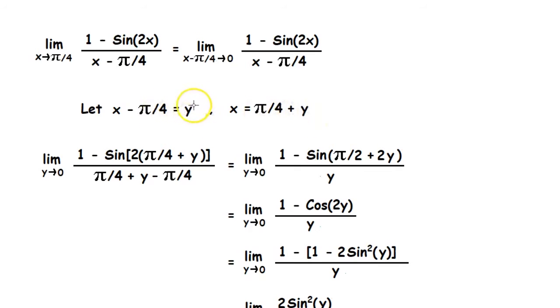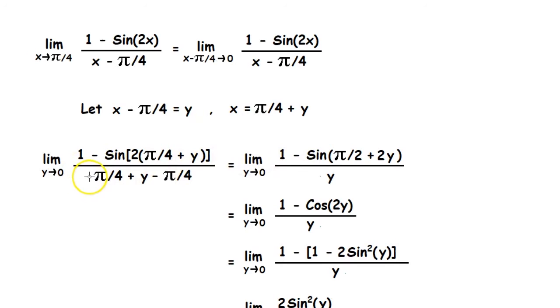So now we substitute this into our question. So that will be limit of 1 minus sine 2 into, instead of x we write pi over 4 plus y divided by, instead of x we write pi over 4 plus y minus pi over 4, and this will change into y tends to 0.